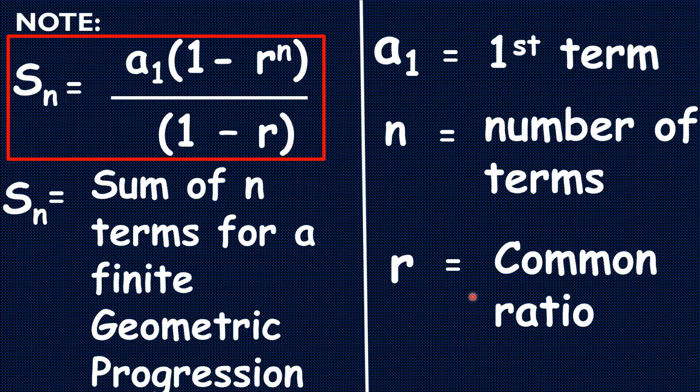And then R is the common ratio, which, like I said, could be positive, could be negative, and it could be a whole number or even a fraction. So please take note of this particular sum of n terms, which will be used for a geometric progression.